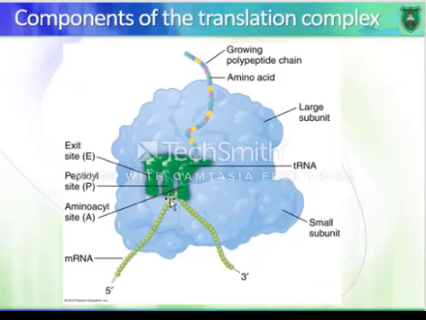The P site is the site where the polypeptide synthesis occurs and the growing polypeptide is held, as you can see here. And we have the exit site. It is the site where the tRNA is removed and again used for another amino acid again.